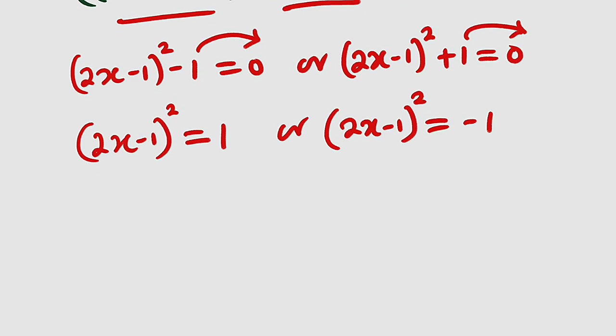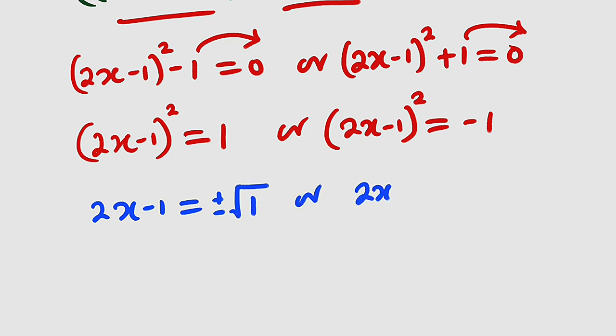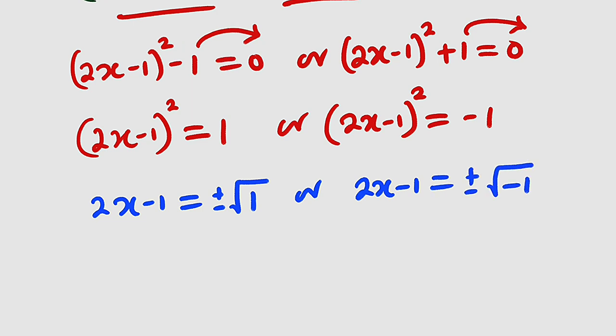And from here, we can take the square root of both sides. We have 2x - 1 to the left, because the moment you take the square root of the left hand side, the power of 2 will go. And this is equal to, remember to attach plus or minus, the square root of 1. You do the same thing here, 2x - 1 equals ± the square root of -1.